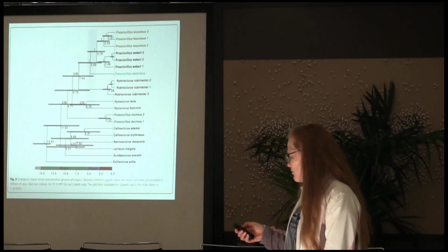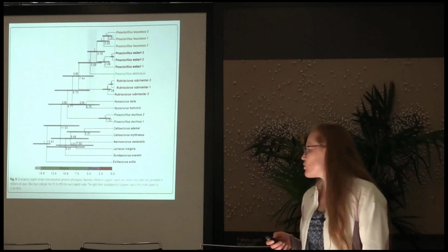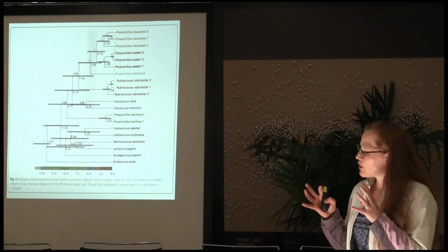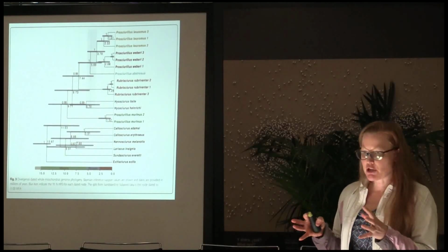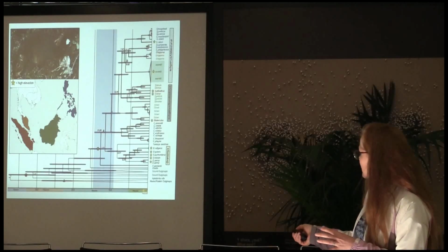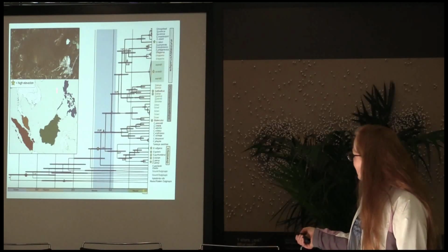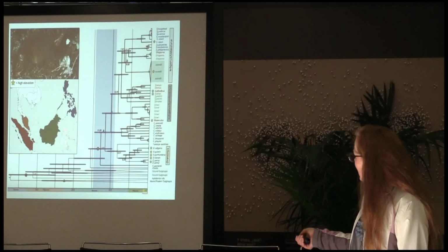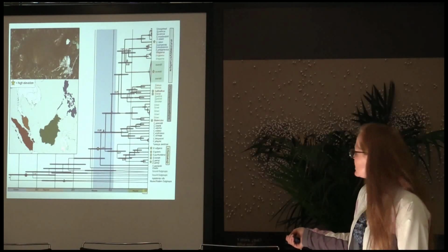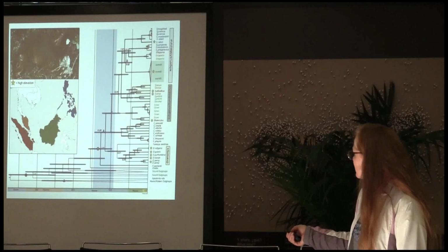And another example of this is the squirrels of the same subfamily, which are speciose in this region, which is called Sundaland. But a small number of them have crossed the biogeographic barrier called Wallace's Line, which goes right here, and are in Sulawesi, which is this sort of K-shaped island.